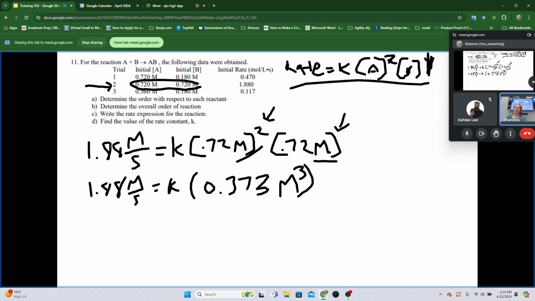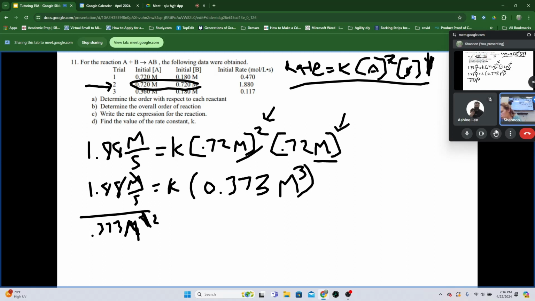Okay, so then I divide the rate by 0.373 molarity to the third power. Okay, so one of those molars is going to cancel, right? And it's going to end up with molarity squared when you do that.